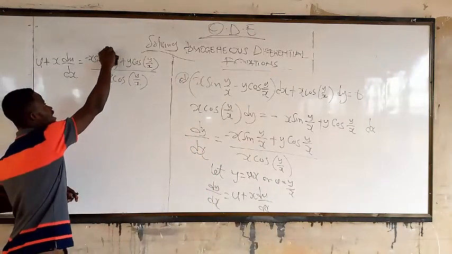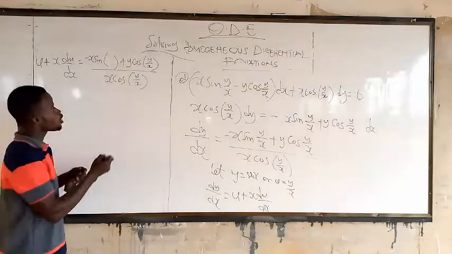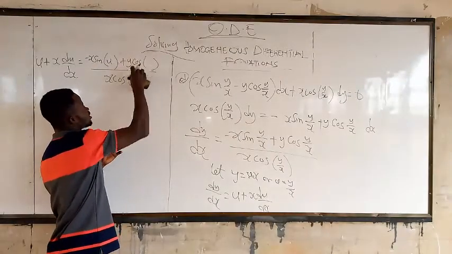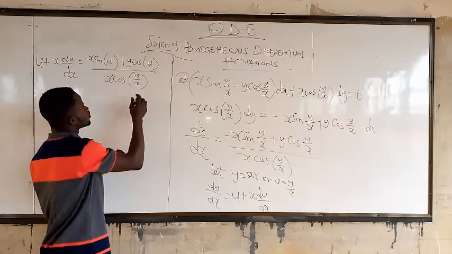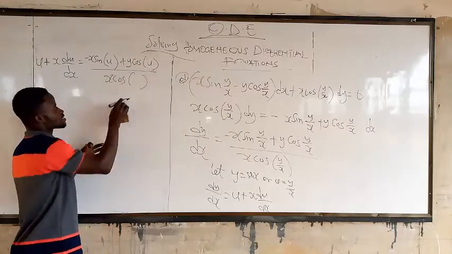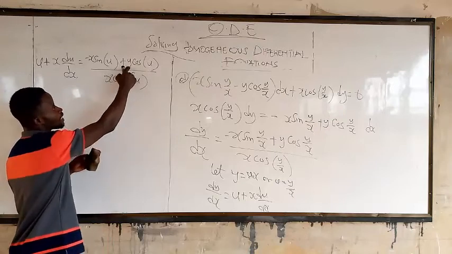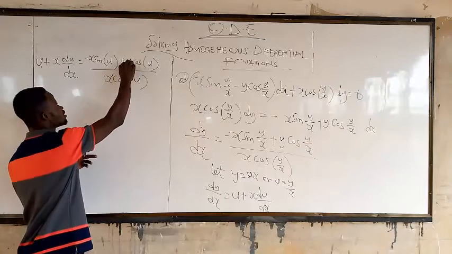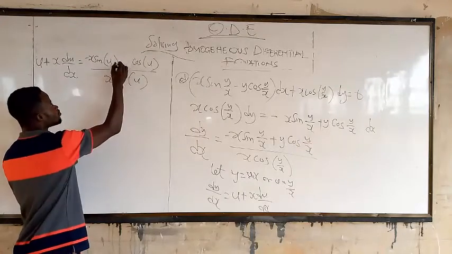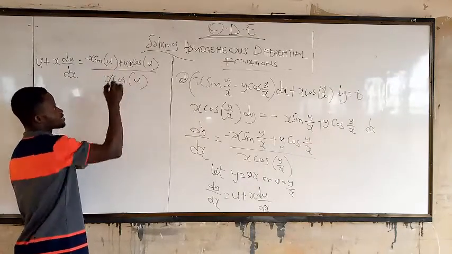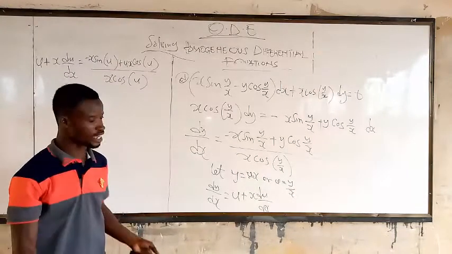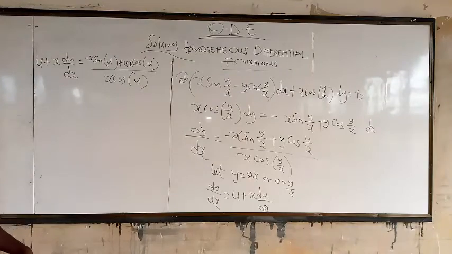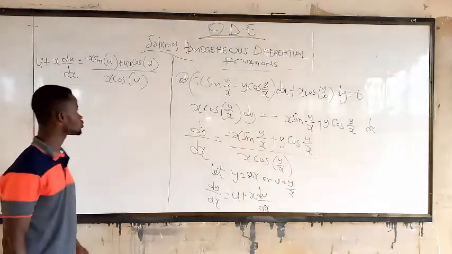So this y over x is going to be u, this y over x is going to be u, this y over x is going to be u. But this y is going to be ux. So here, plus ux. Very good. Always don't forget that. So now we have gotten rid of all the y's. That is the reason why we do the substitution.